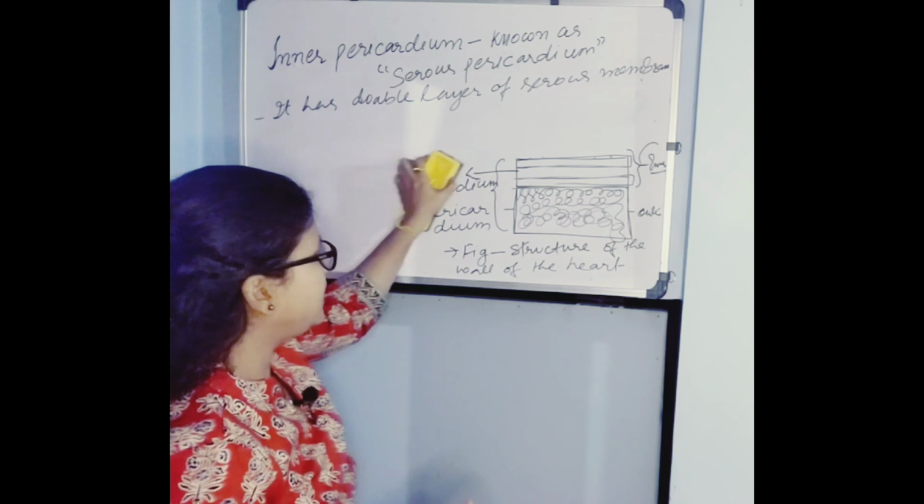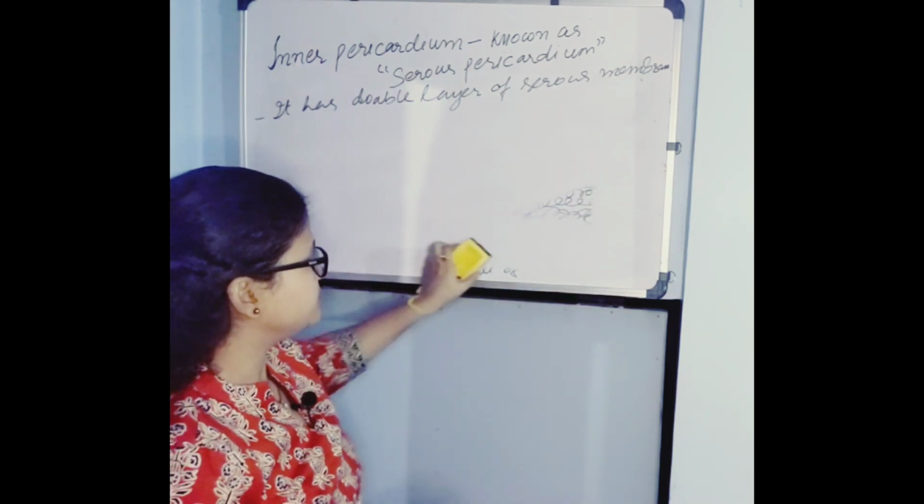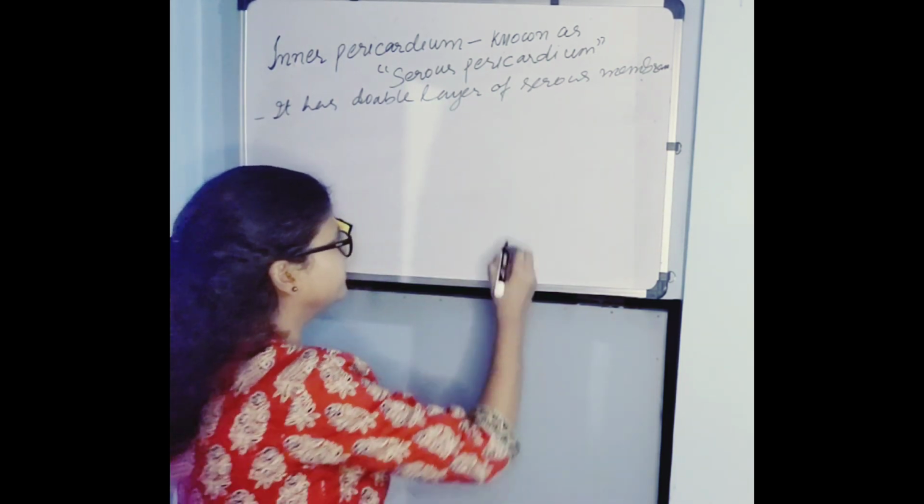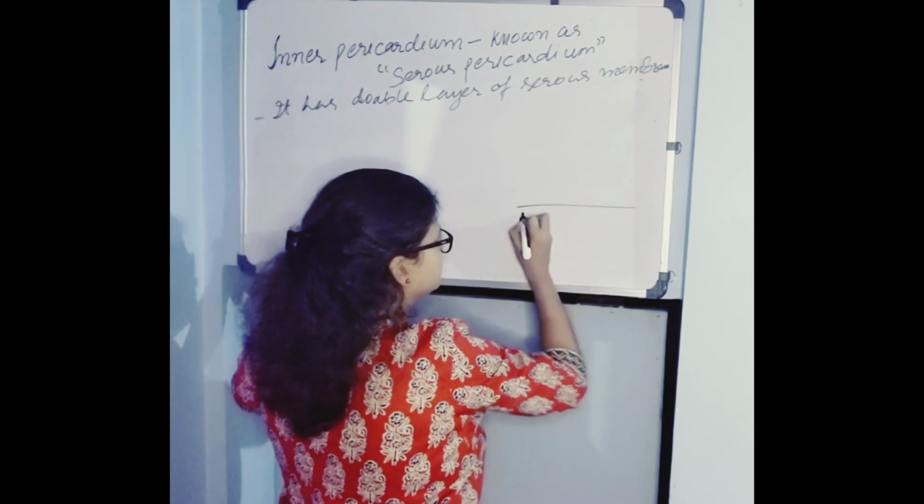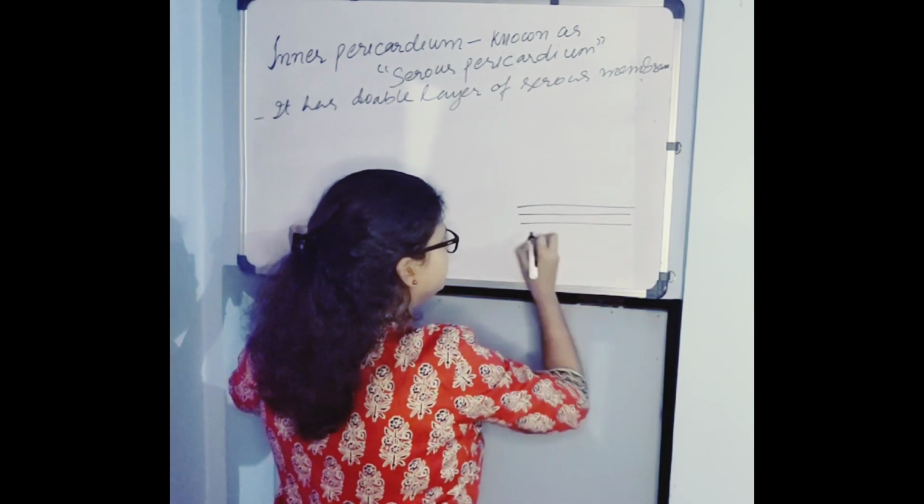Now, if this is the double layer of the serous membrane, what is the outer layer known as?